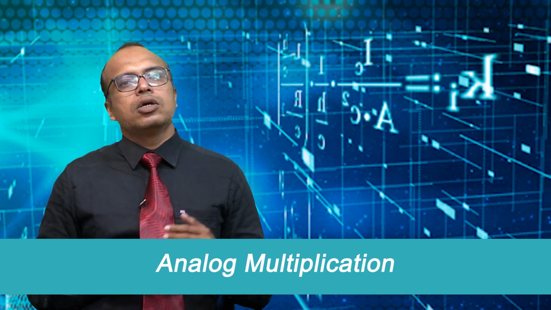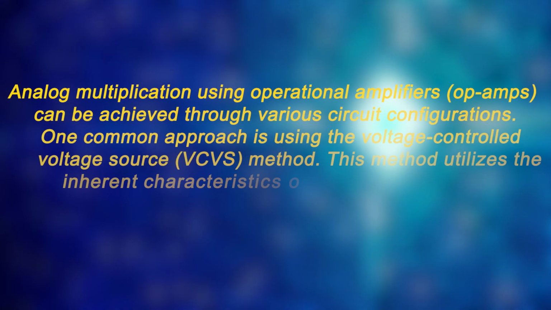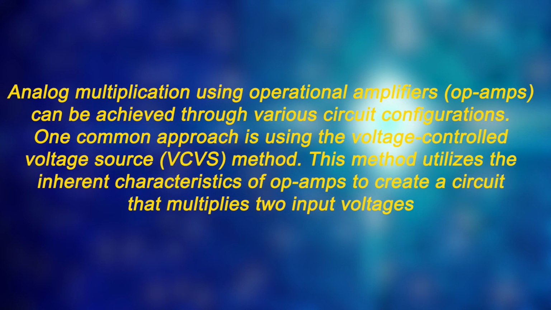Analog multiplication using op amp. Here we discuss the application of op amp as a multiplier. First, the analog multiplication circuit using operational amplifier. Working principle: analog multiplication using operational amplifier can be achieved through various circuit configurations.